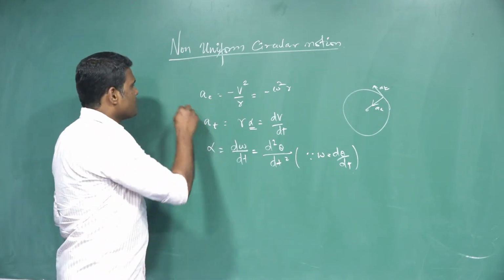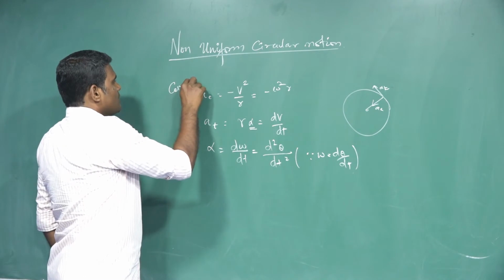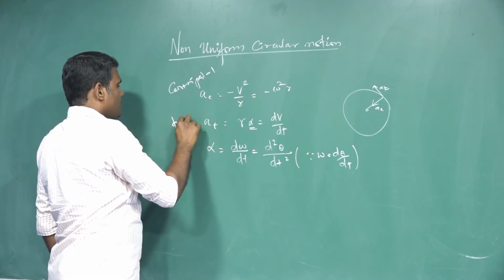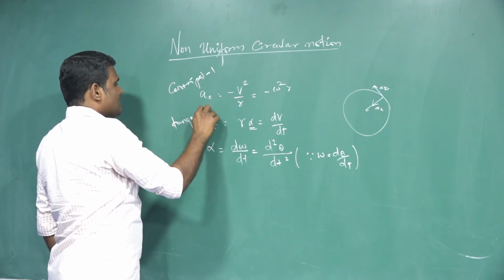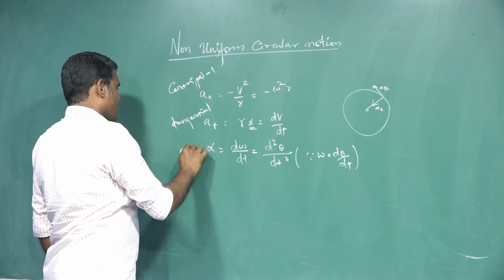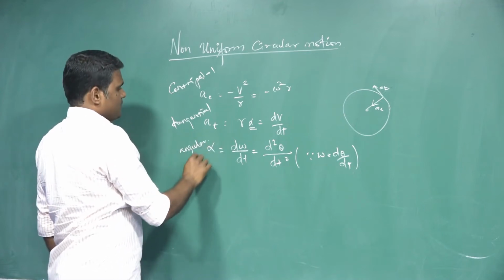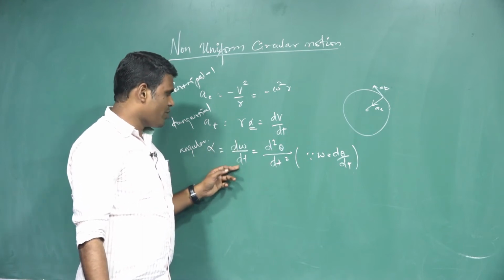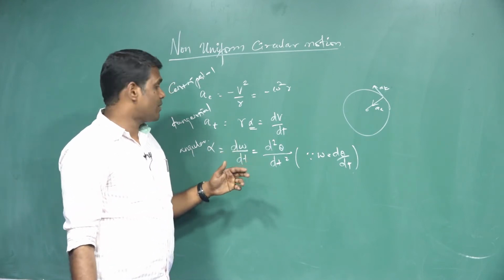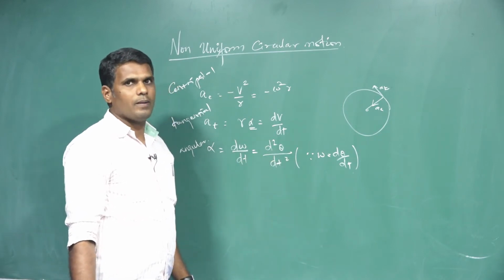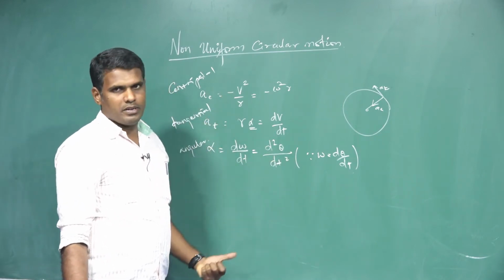I can write the names also: this is centripetal, this is tangential, which always acts tangential to the circular path, and this is angular acceleration. Angular acceleration alpha equals d omega divided by dt, the rate of change of angular velocity, which is also equivalent to d square theta divided by dt square. These expressions are very important.